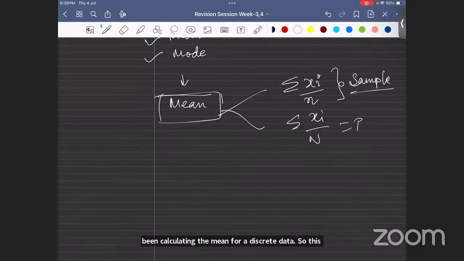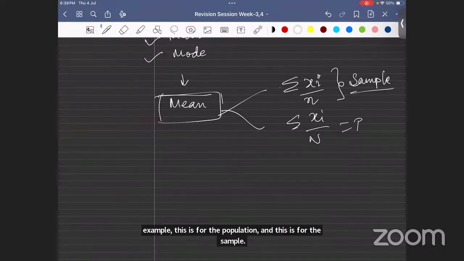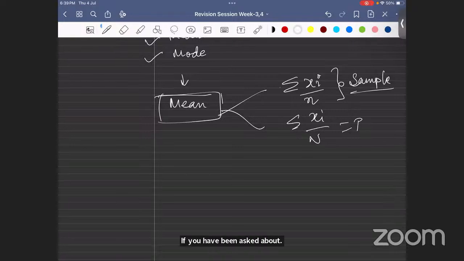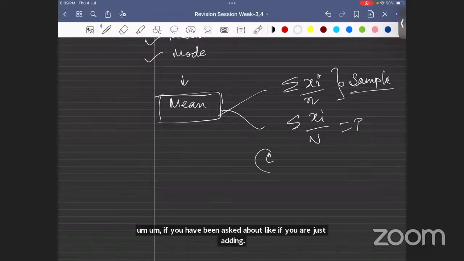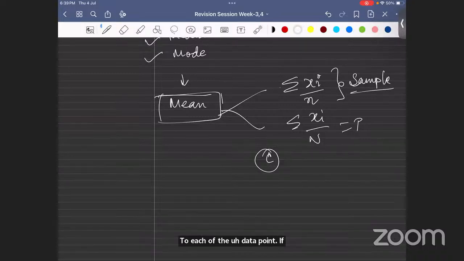Now, if you are asked what the impact on the mean would be if you add some constant C to each of the data points, or multiply some constant C to each of the data points, this type of problem is very likely to be asked in the exam.